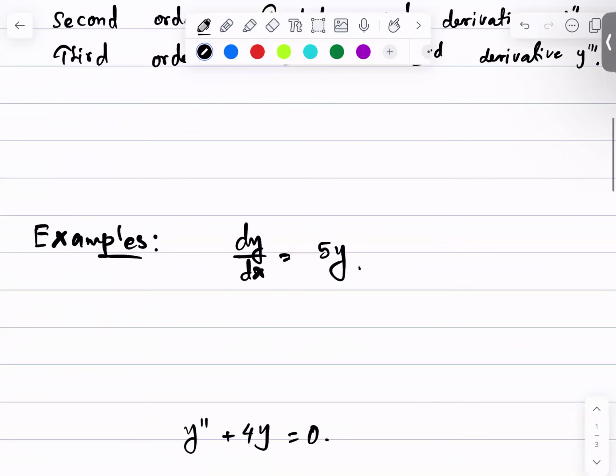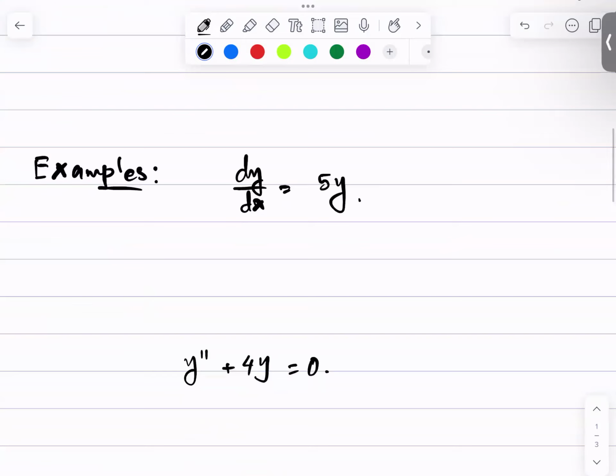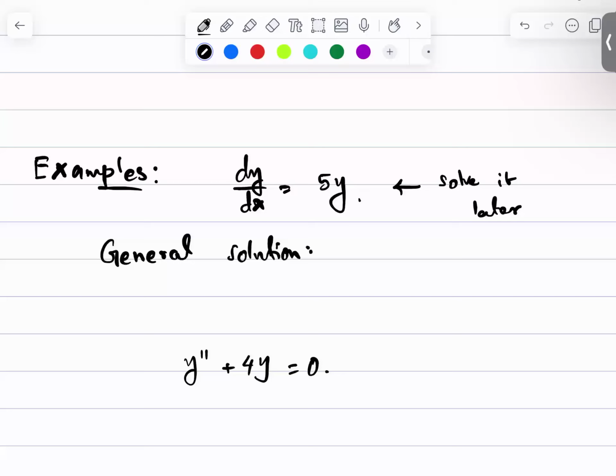classifications. Okay, now examples. So the simplest example can be dy dx is the same as 5y. We'll solve it later, but the general solution of this type of differential equation would be of the form y is c e to the 5x.